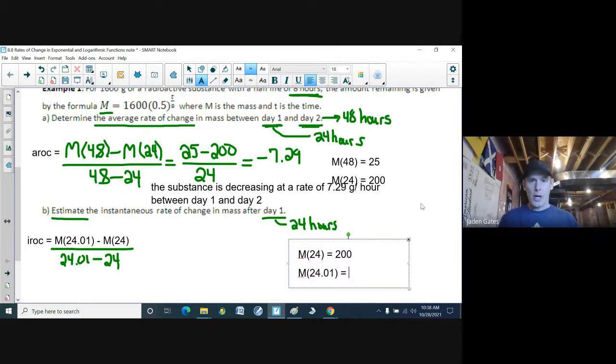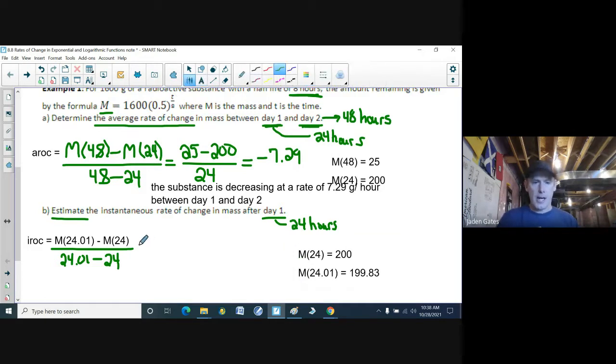All right, so again, I'm going to plug t equals 24.01 into the formula. So I'm going to have to divide that by 8. And then I can take 0.5 to that number, and then times 1,600. And I end up with, going to two decimal places here, 199.83. All right, and so I can plug my values in.